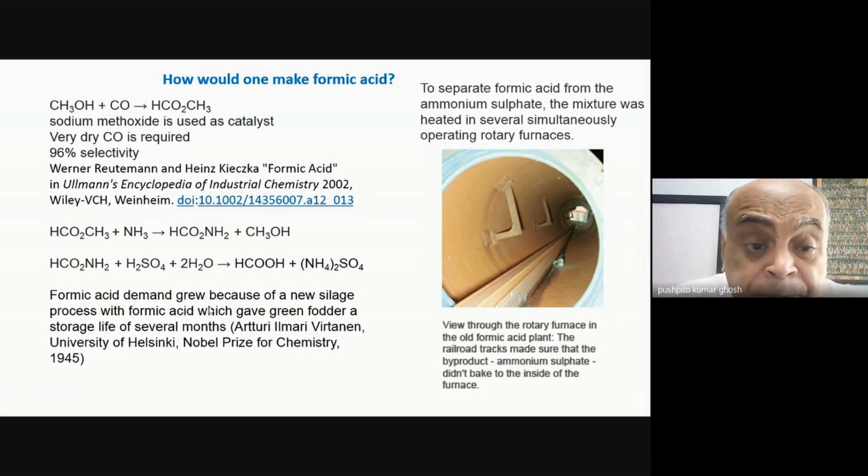By the way, there was a lot of interest in formic acid because I think it was in the 40s, it was found that formic acid has a remarkable property that if you take green fodder, you can keep it stable and store it for a long, long time just by adding some formic acid into the fodder.